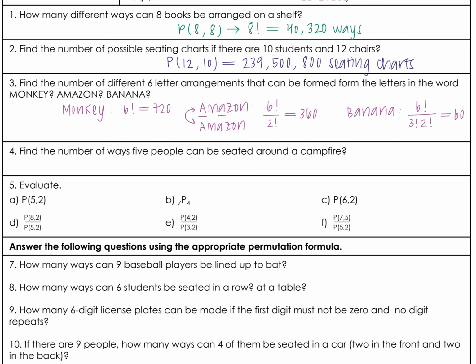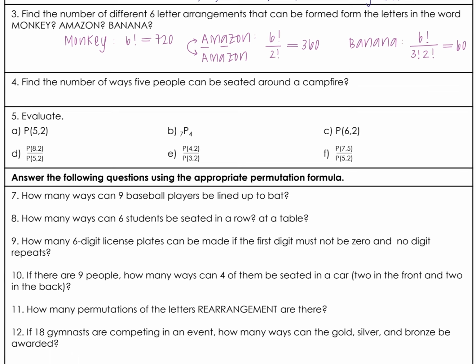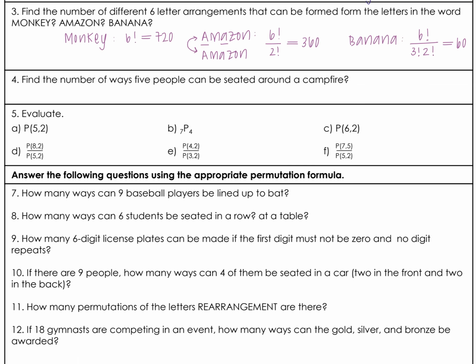Okay, looking at number 4, we have: find the number of ways 5 people can be seated around a campfire. So this is going to be that circular formula that we said earlier where we have to do our n minus 1 factorial.